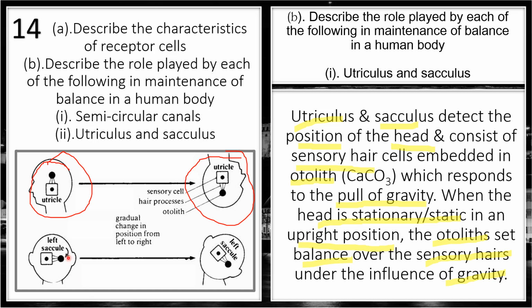So when you look here, if the head is upright, the otolith is balancing on top of the sensory hairs, pressing on them under the influence of gravity. That records the position by the sensory cells, which will be transported to the brain, and it will interpret the position of the head.